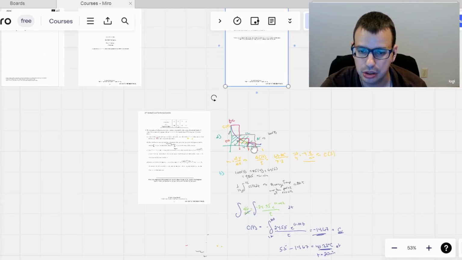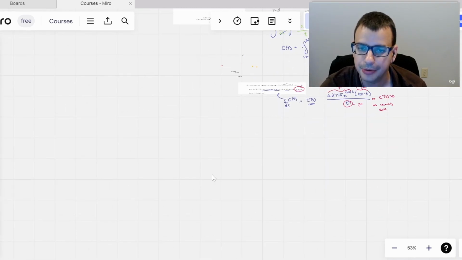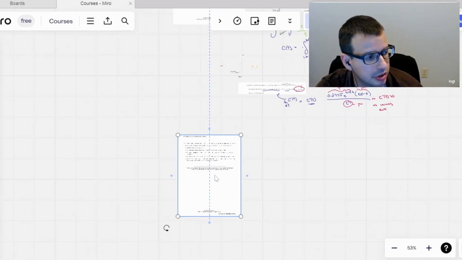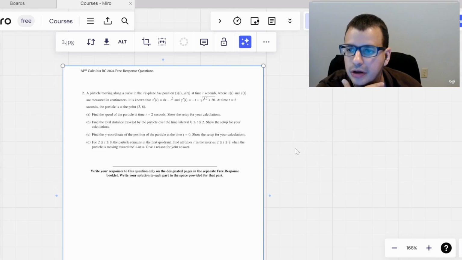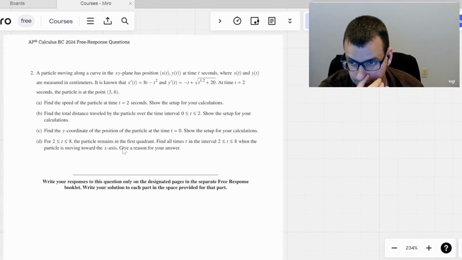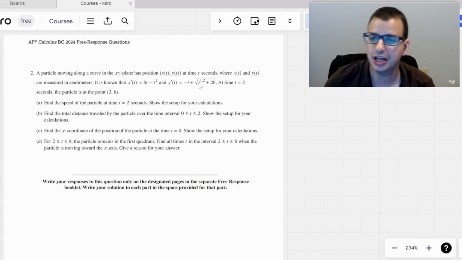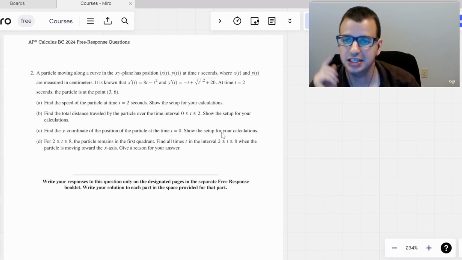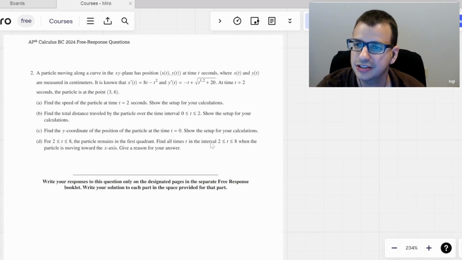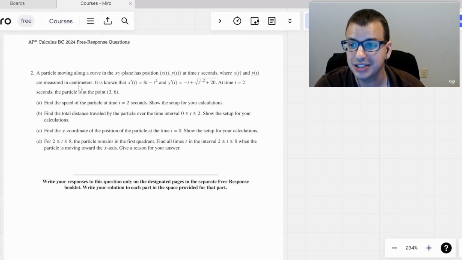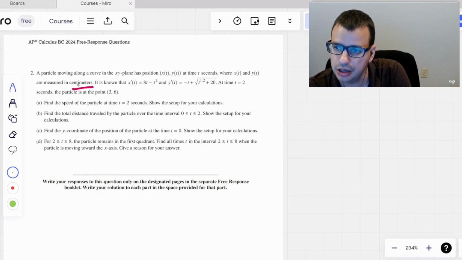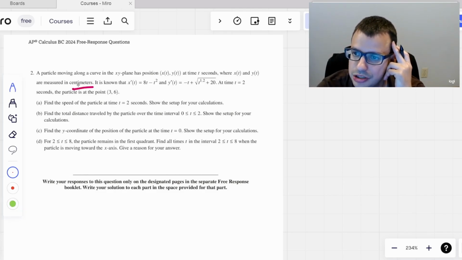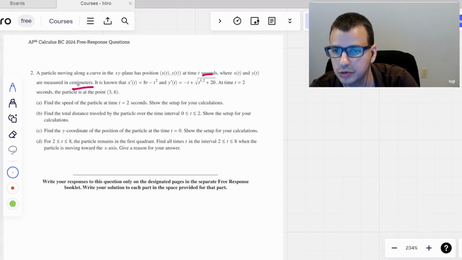All right, so now let's look at number 2. For number 2, we have a particle which is moving along a curve in the xy plane, has position x of t, y of t at time t seconds, with x of t, y of t measured in centimeters, and t measured in seconds, which is standard.